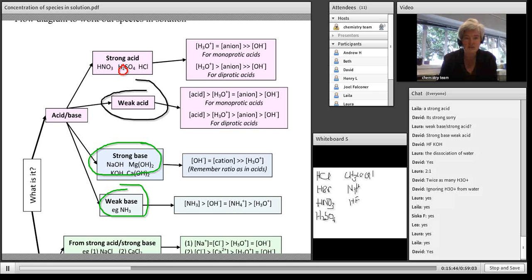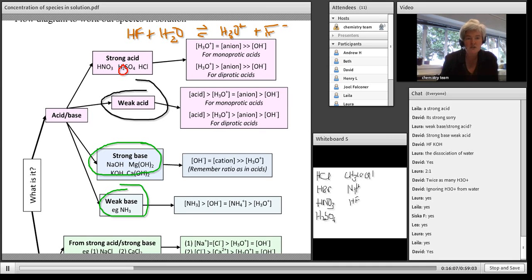So if you were trying to write the equation for this, you would say HF, and I would now use an equilibrium arrow to show it doesn't lie completely to the right, and then I'd have the hydronium ions and the fluoride ions, because you should all recognize, hopefully, that HF is a weak acid.